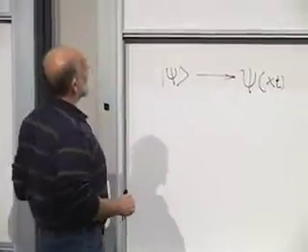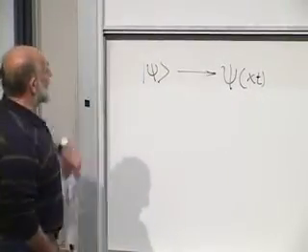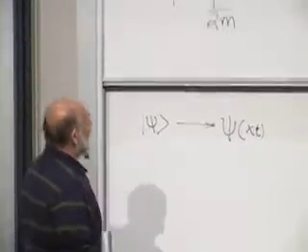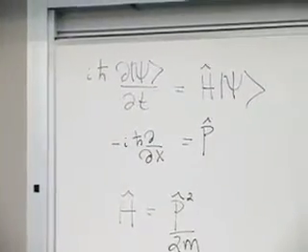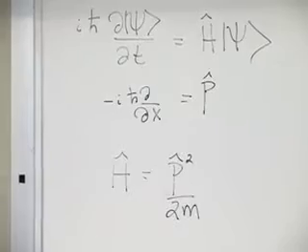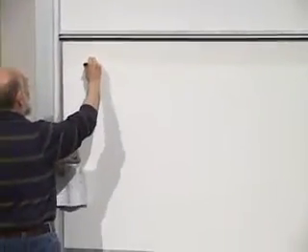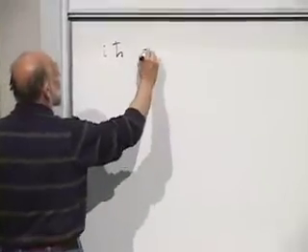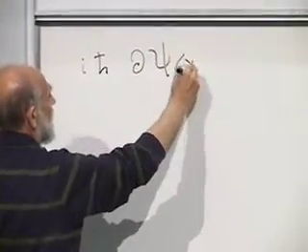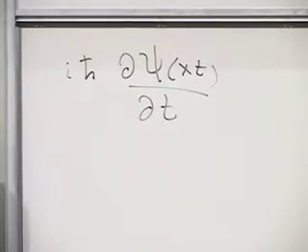Okay, so let's write down the Schrodinger equation now. All we have to do is substitute into the top equation. And we get, what do we get? We get I h bar d psi of x and t by dt. That's the left-hand side.